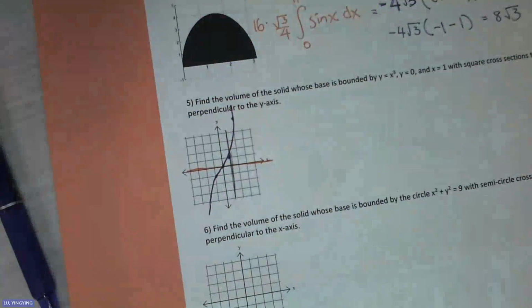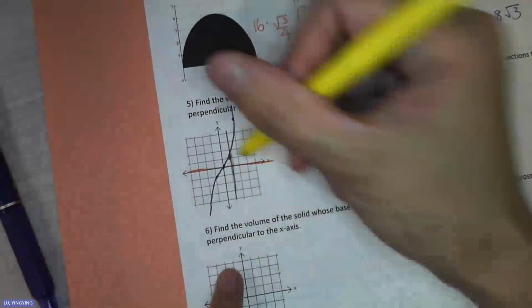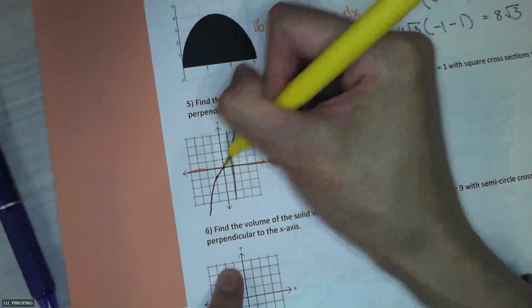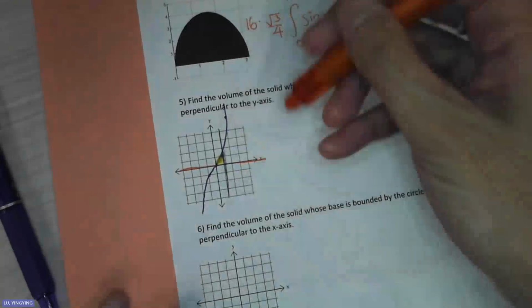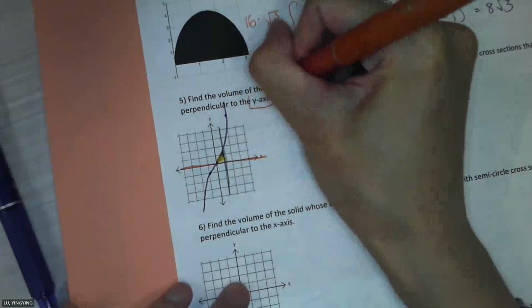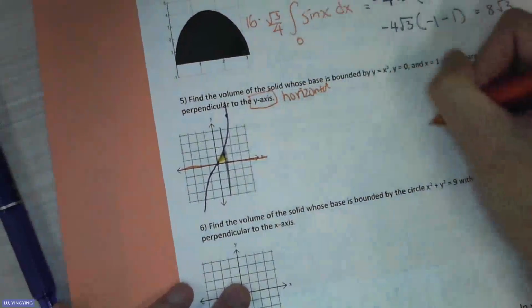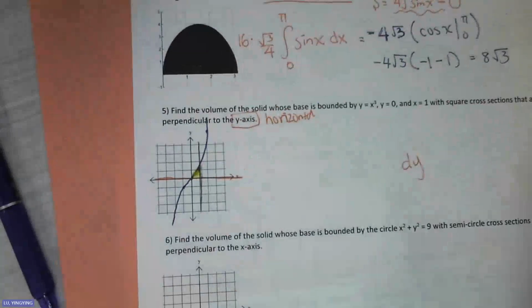Do you know what area we're looking for? Bounded by this, this, and this. It should be a little triangle-ish, not a triangle, but a little region down there. But we want the cross section perpendicular to the y. That's horizontal, guys. As soon as I see that, you have a dy somewhere. As soon as I see that, horizontal.